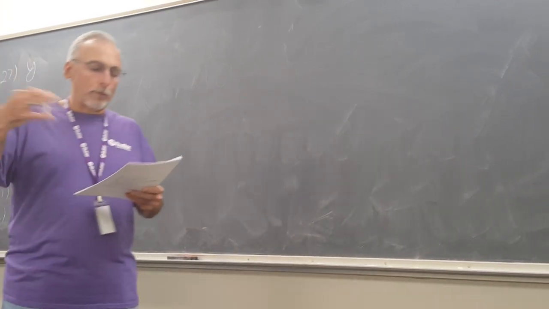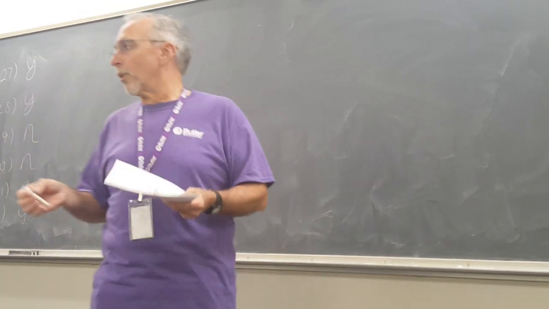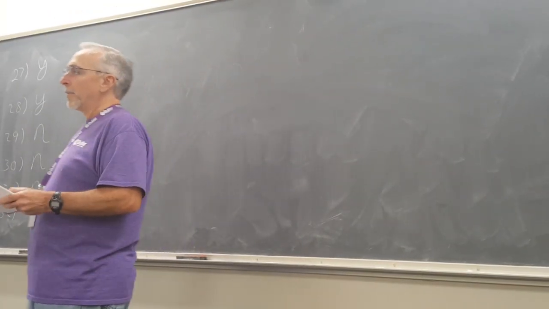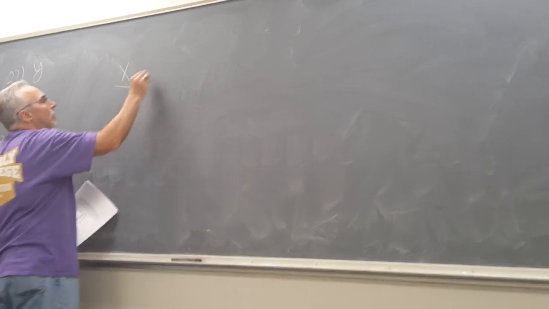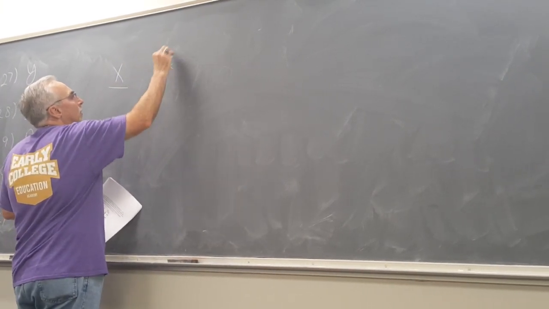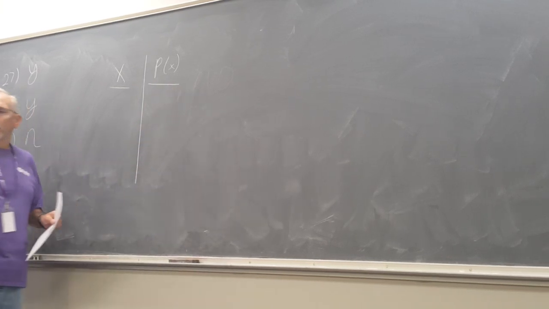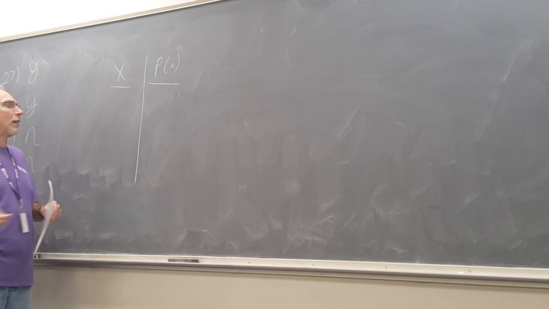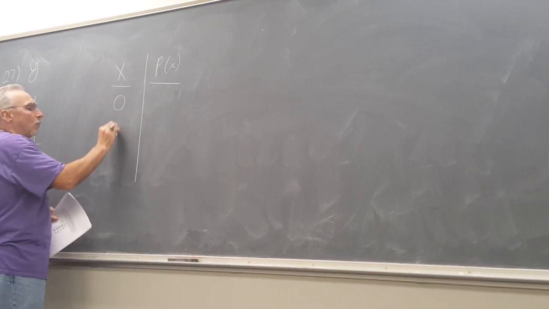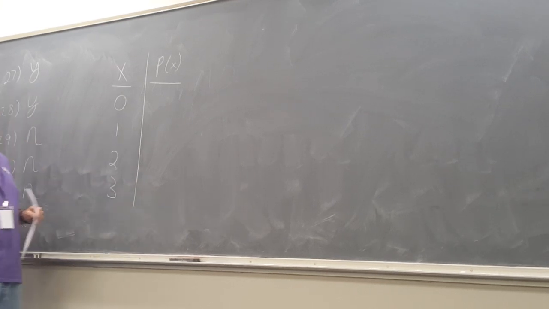If you choose a household at random, X is going to represent the number of cars in that house. So to set up a probability distribution, you still list the possible outcomes, right? The possible outcomes are no car, 1, 2, or 3. That's all my outcomes.